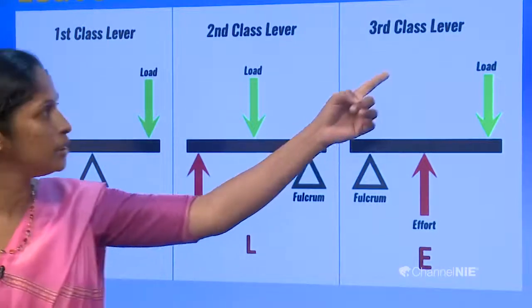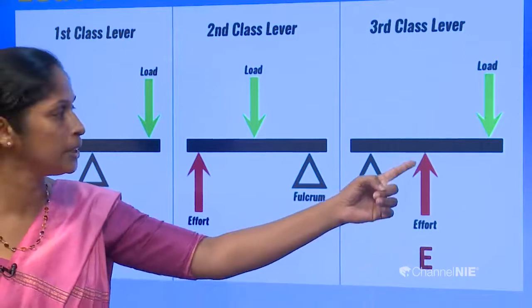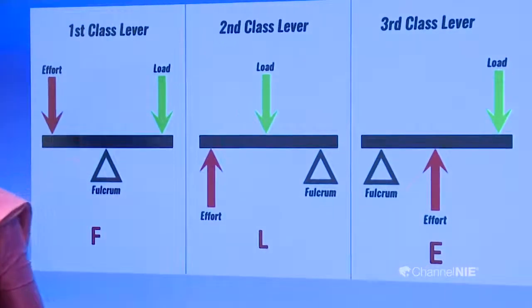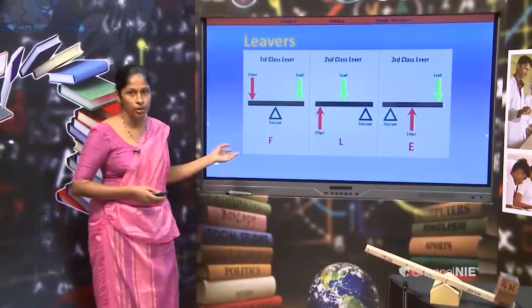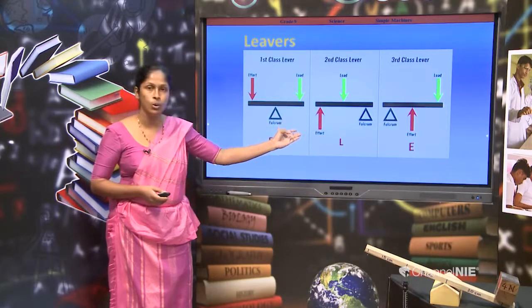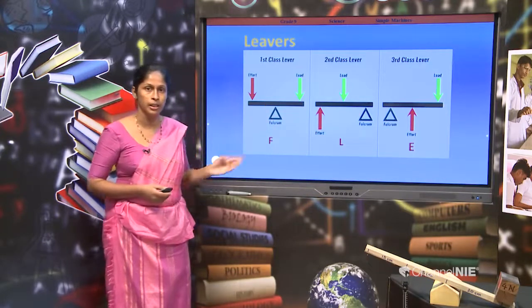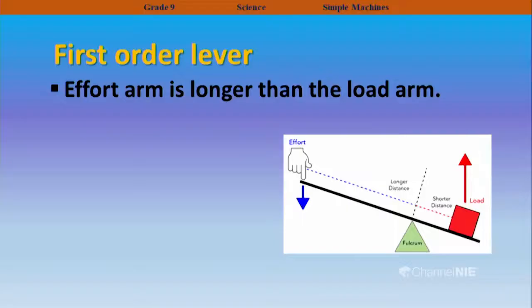In third class levers, E is in the middle. That means the effort is in the middle. So, you can remember the order of the position of fulcrum, load and effort in all the three types of levers.